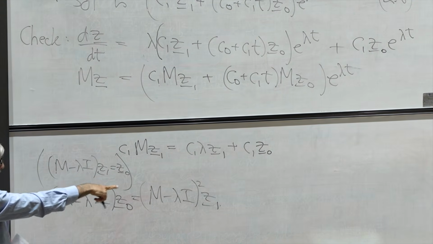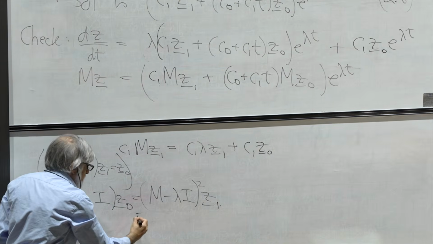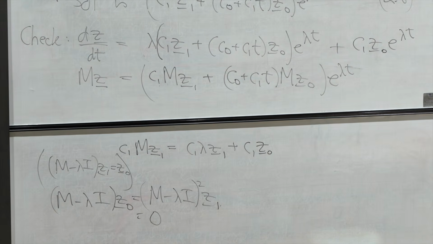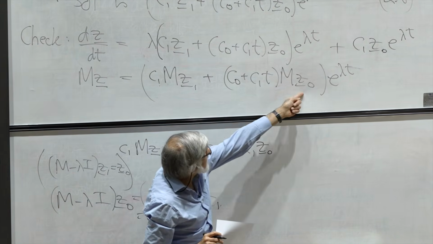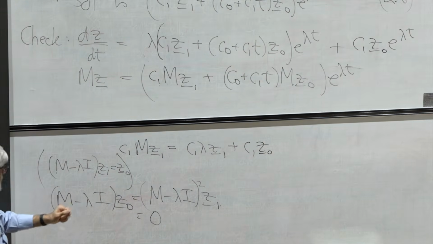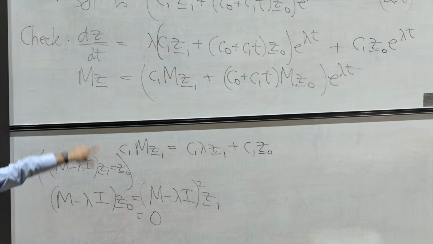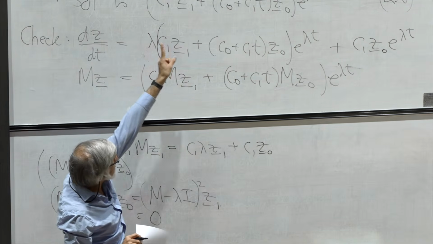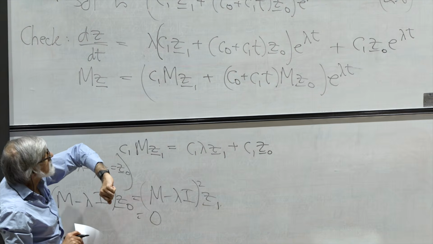And since (m minus lambda I) all squared is 0, that's 0. So that means z0 is an eigenvector of m, and so m z0 is lambda times z0, which is exactly what we wanted here. Lambda times z0. Okay?